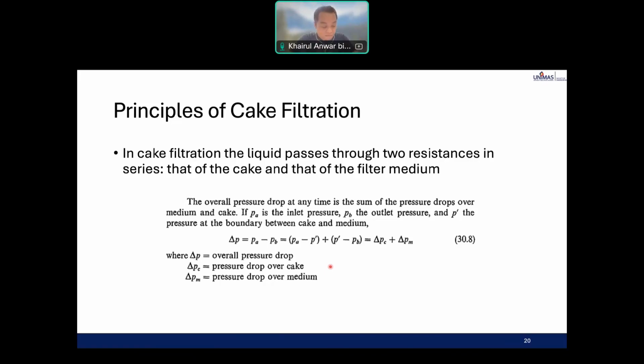So, principle of cake filtration. So this is the first, cake filter. In cake filtration, the liquid passes through two resistors, which are the cake and the medium.